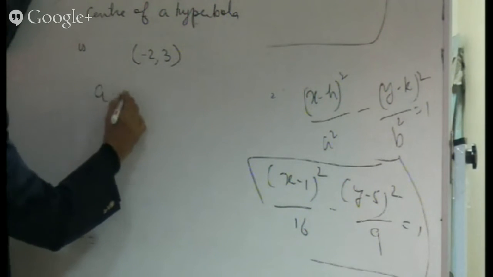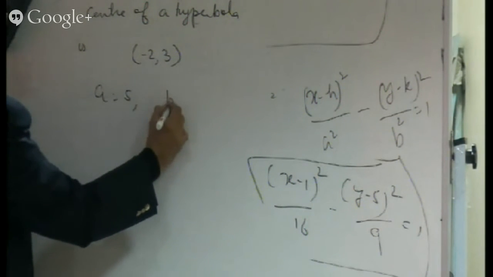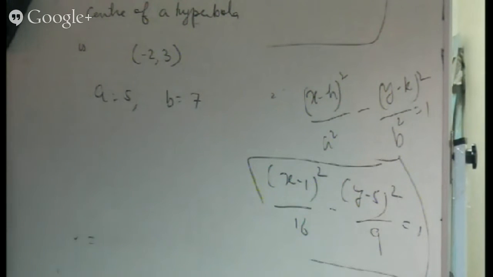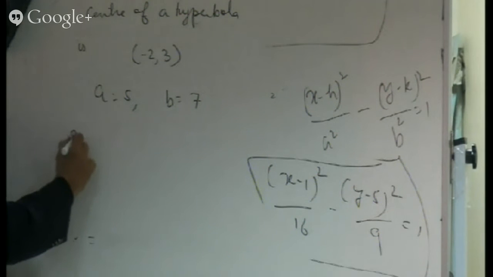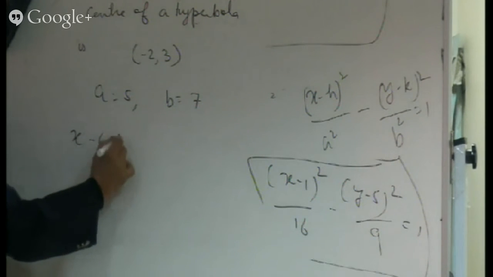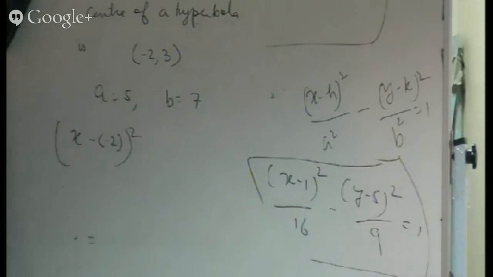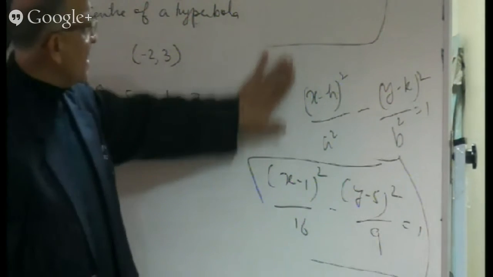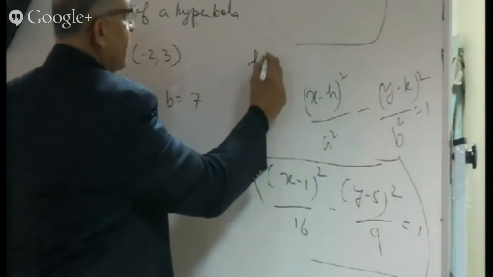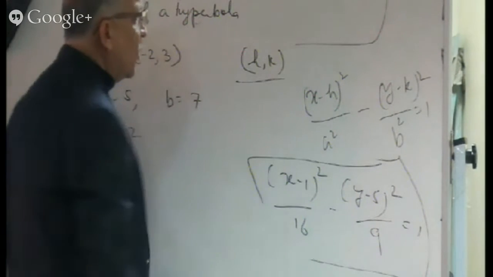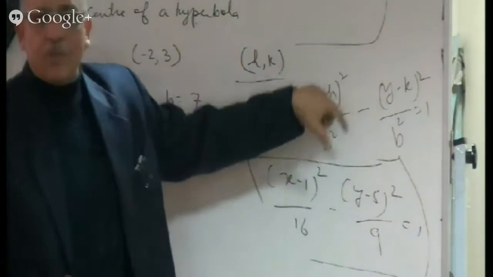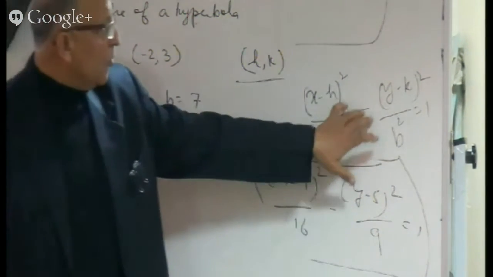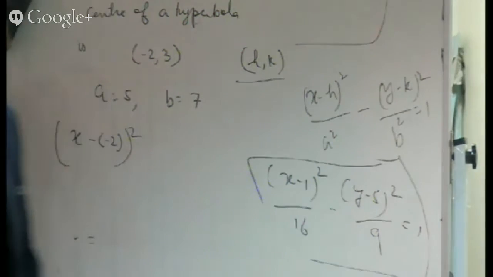A is given to you as 5 and B as 7. Can you write the equation now? It is x minus -2 now. Because as I told you, if the center is HK, equation is x minus h whole square upon something and y minus k square upon b square.